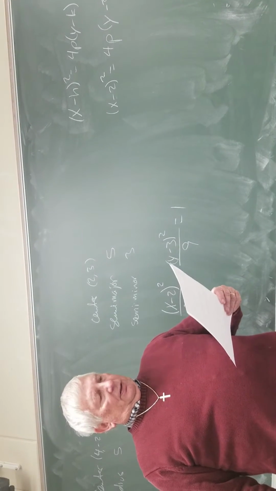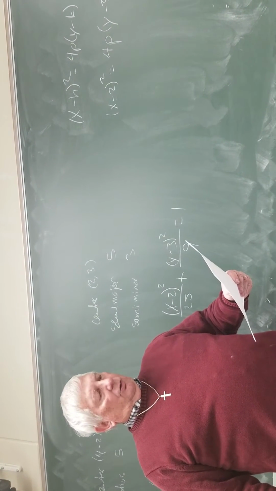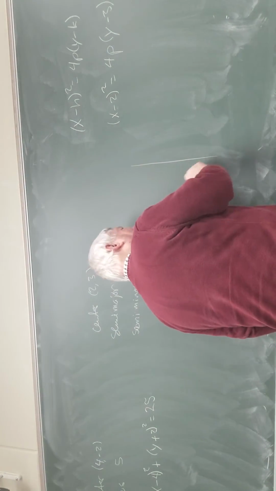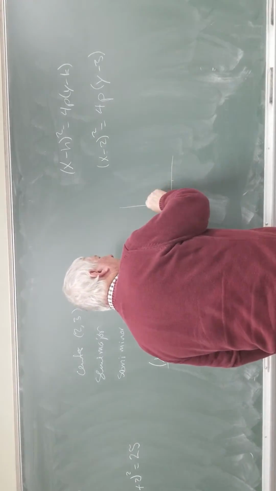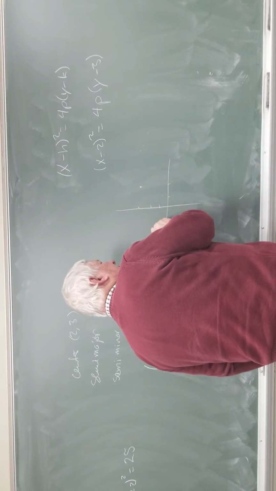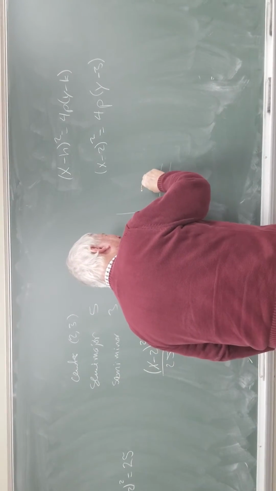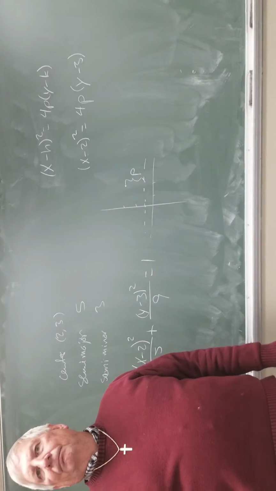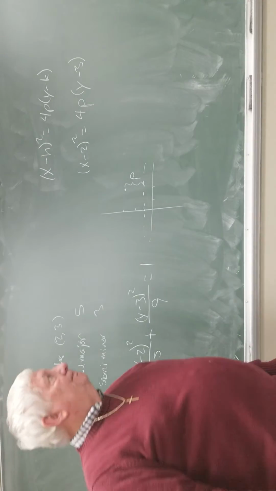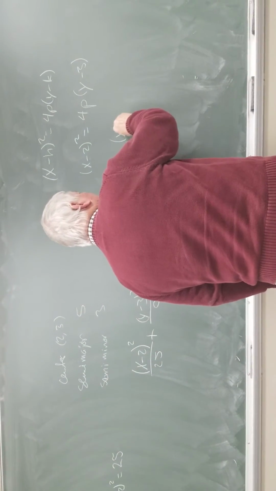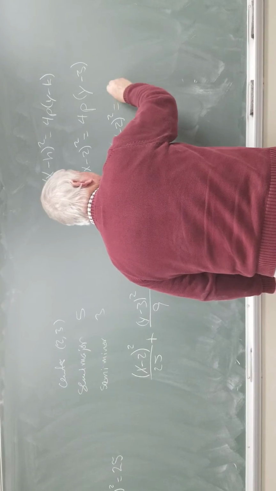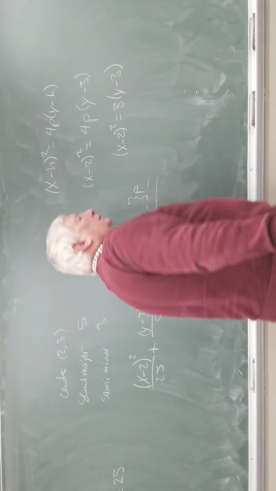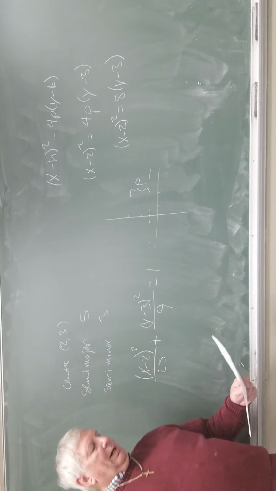It tells us that the vertex is at 2, 3, but the directrix is y equals 1. Well, if we do a little counting, 1, 2, 3, there's the vertex, and here's the directrix. That distance is p. That is 2 units. So my final equation: x minus 2 squared equals 8 times y minus 3.